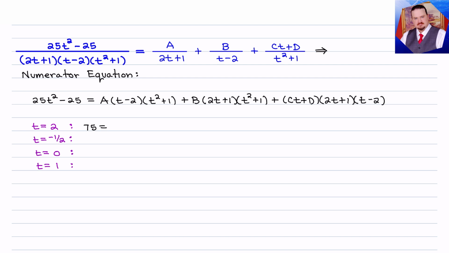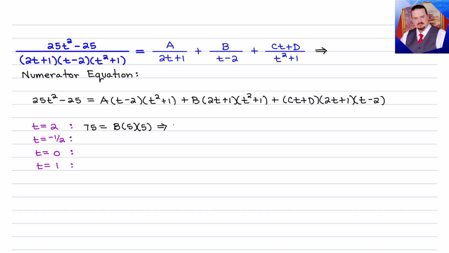Now this is the beauty of it here. What's 2 minus 2? That's 0. So this whole term is going to go to 0, and because of this one, this whole term is going to go to 0. So we are left with just one term remaining, and of course that will give us b right out of the gate. So this gives us b times 5 times 5, which is 25.